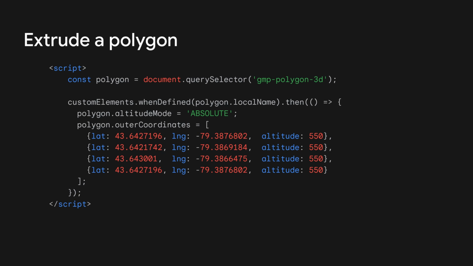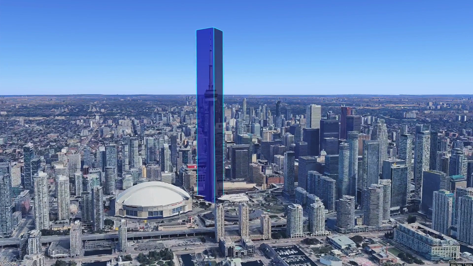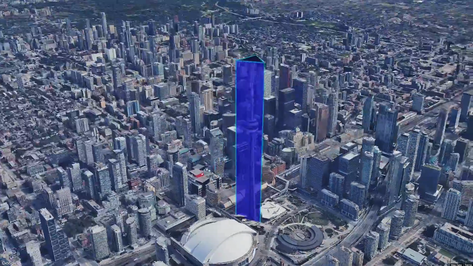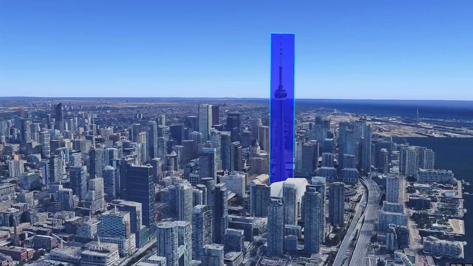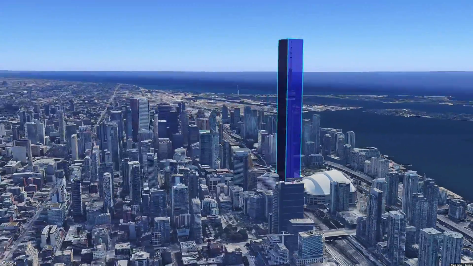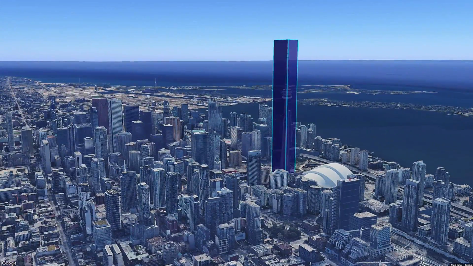We then change the altitude mode on the polygon to either absolute or relative to mesh, depending upon the nature of the height values. In this case, the values are above the ground to cover the landmark that we are highlighting. And here's our final polygon around the CN Tower. In dense areas like cities, adding a third dimension is an easy way to highlight key elements that might otherwise blend into the 3D landscape.